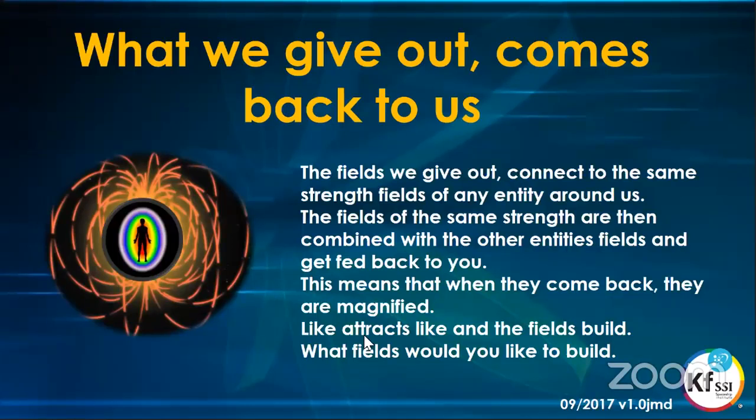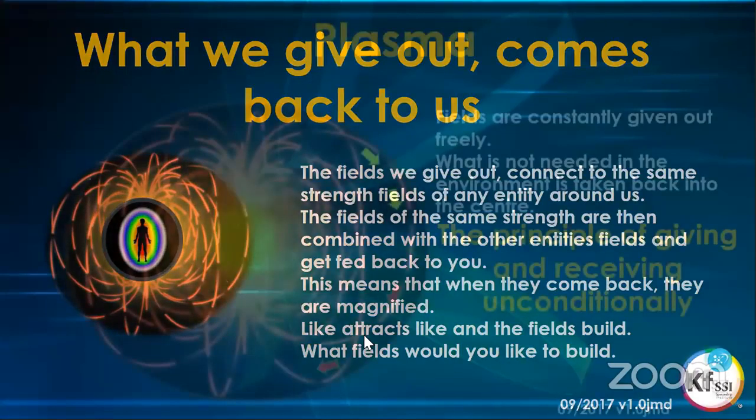This means that when they come back, when it's something that's emotion, it is magnified, because like attracts like, and the fields build. What fields would you like to build? And that is a fundamental question we all have to ask ourselves, what fields we'd like to build.